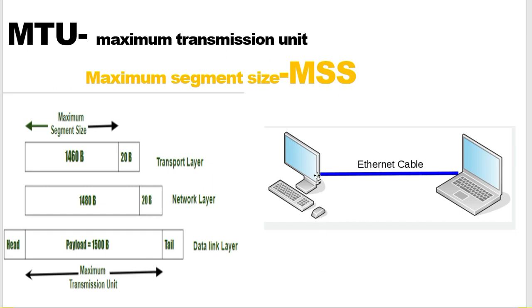The MSS is the maximum segment size. When the packet goes, the header information is there, so that minus that header information is the maximum size this media can take further.